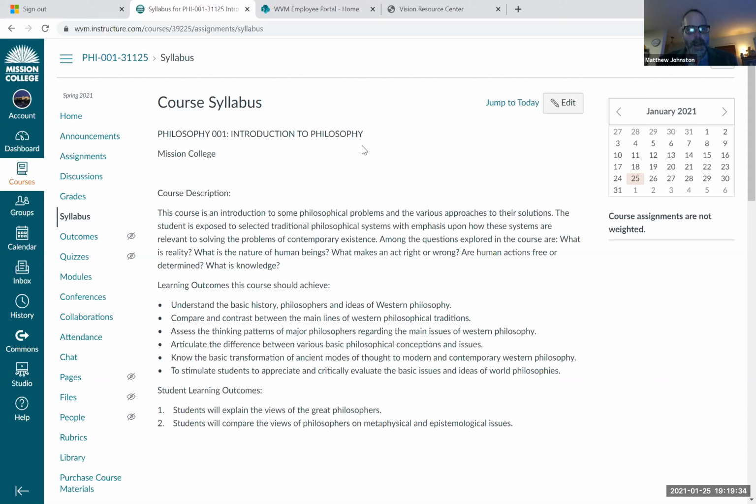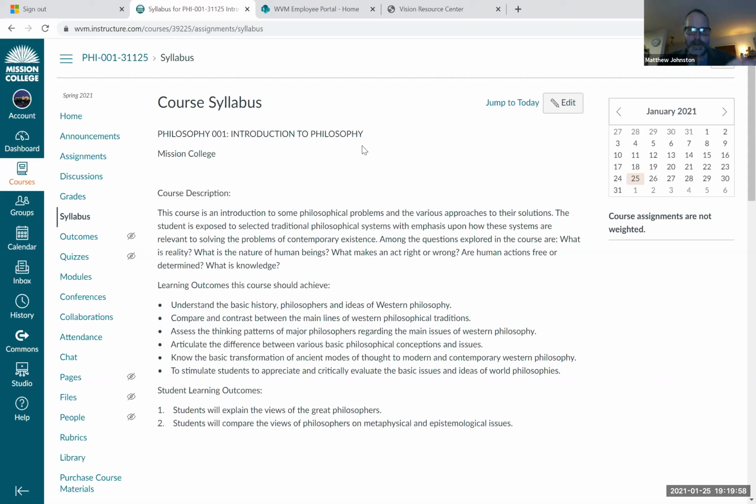Okay, assess the thinking patterns of major philosophers regarding the main issues of Western philosophy, articulate the difference between various basic philosophical conceptions and issues, know the basic transformation of ancient modes of thought to modern and contemporary Western philosophy.